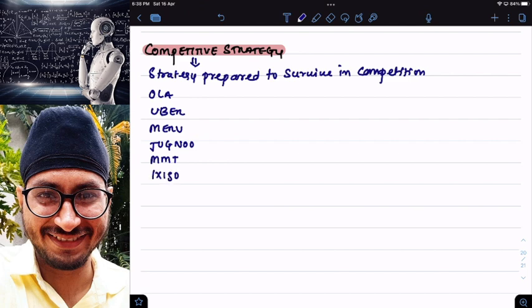There are so many cabs. But on average, around 56% of market share is held by Ola. Around 40% of market share is held by Uber. So these two companies put together have around 96% market share.